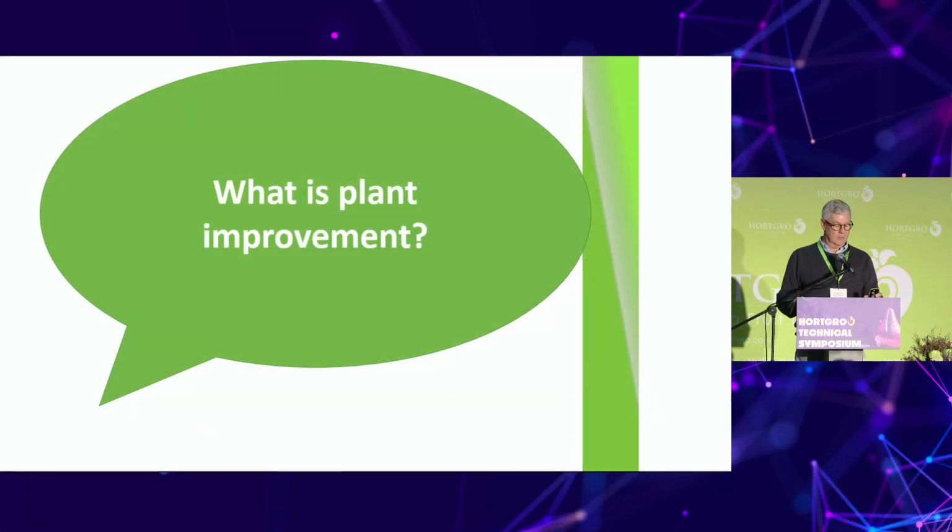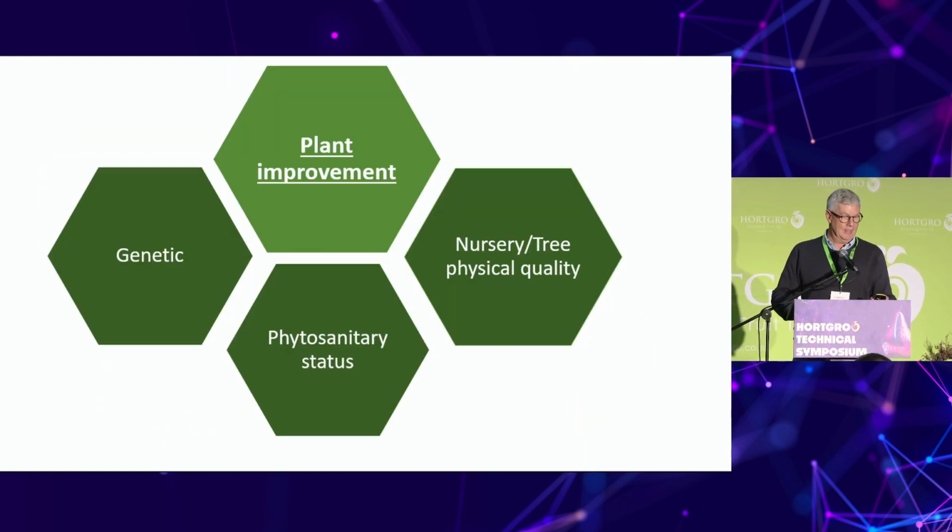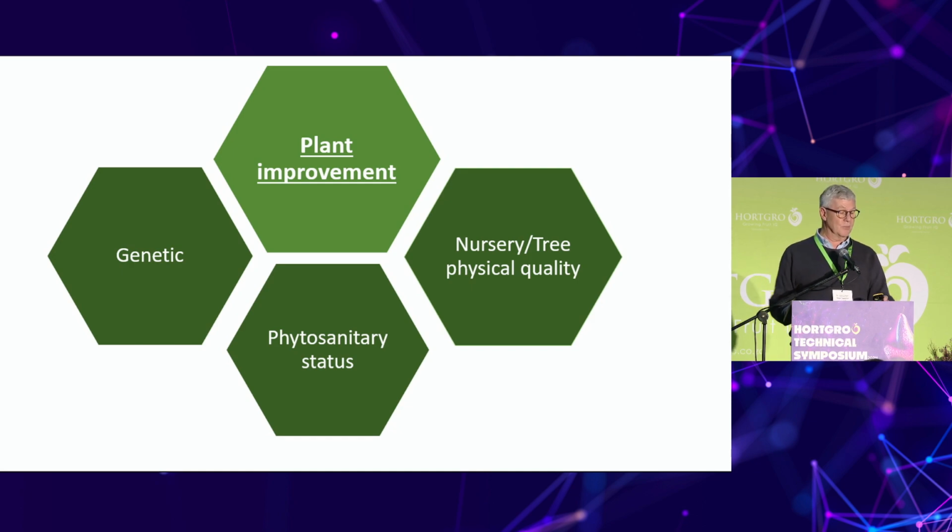Right, I'm going to be giving an overview on plant material improvement, why it matters. So to start off, what is plant improvement? Plant improvement is three key things as I see it, or as other people see it.